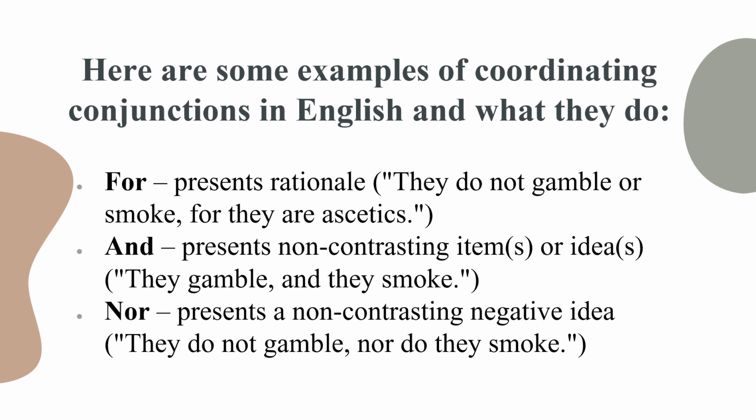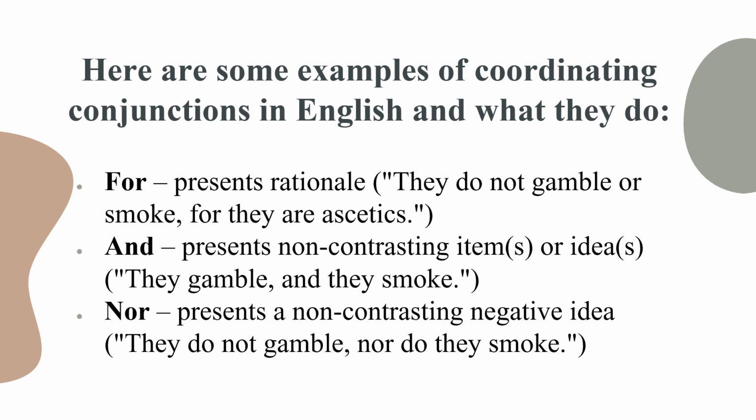In this upcoming slide, we see some examples of coordinating conjunctions in English provided with relevant examples of what they do. At the first instance, we find for presents rationale. An example sentence has been provided: They do not gamble or smoke, for they are ascetics.